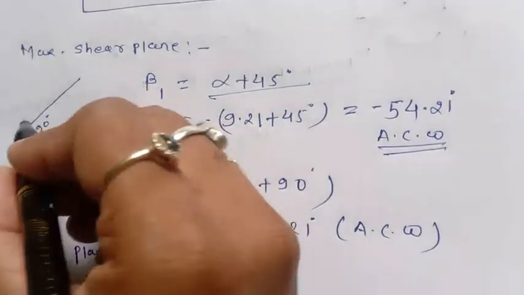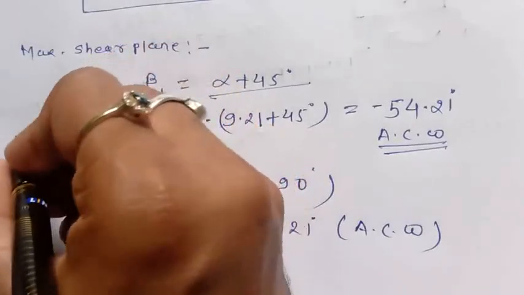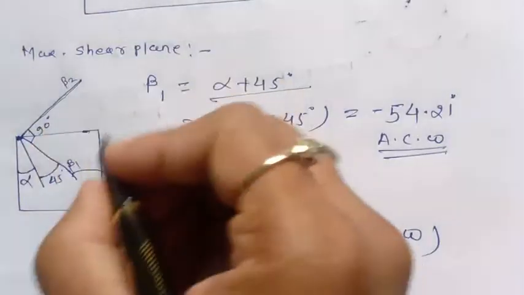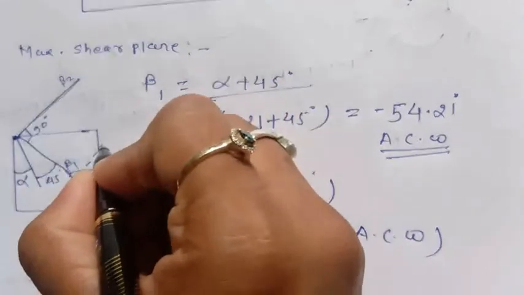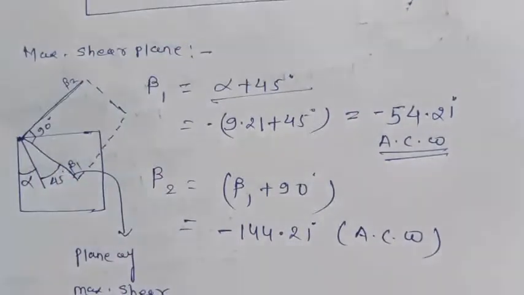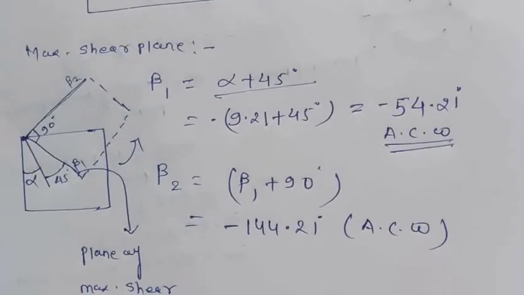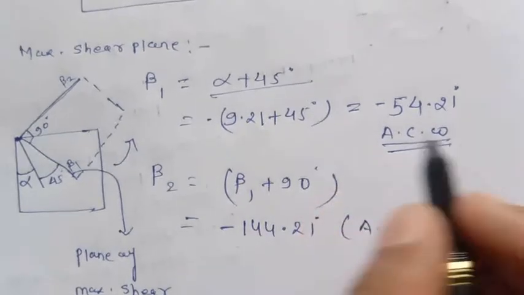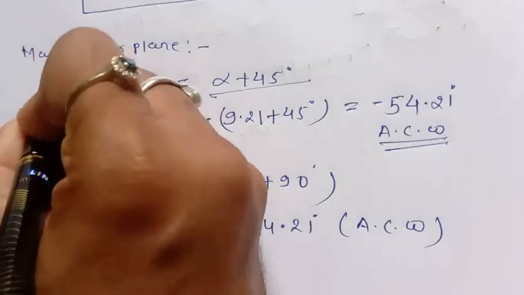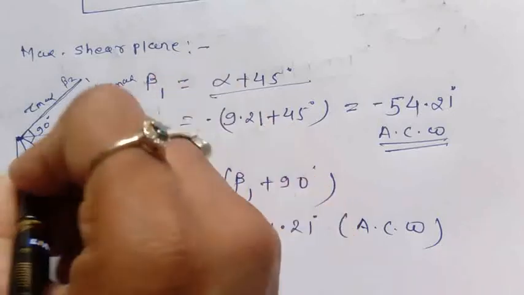This is the beta 2 plane and this is the beta 1 plane. So if I make this element, it looks like this, having an anti-clockwise sense in this diagram because the value is showing the anti-clockwise direction. In this plane the tau max acts, everywhere the tau max acts.